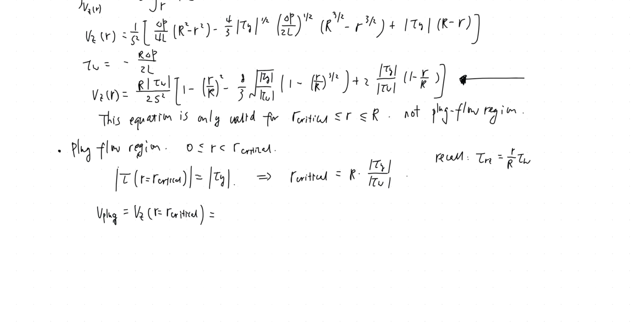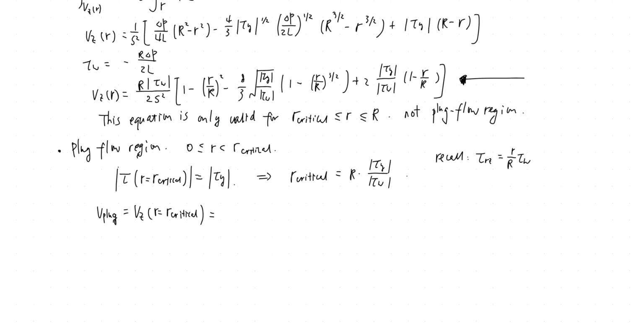So if you plug in, you just replace R with R critical in this equation, and you can use the result of the wall shear stress. You use the ratio of R critical divided by R equals tau Y divided by tau W, this relation.